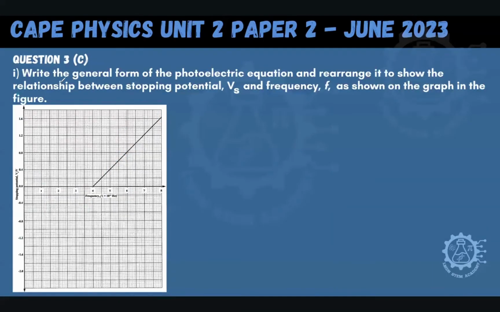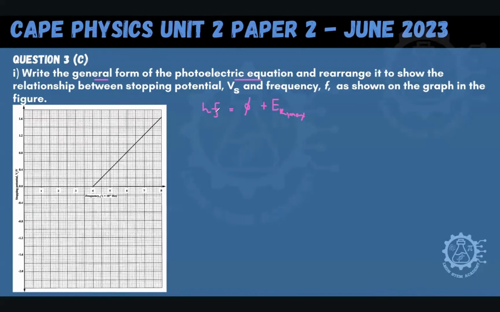Okay, so let's start by writing the general form of the photoelectric equation. The general form of that would be that hf is equal to phi, which is your work function, plus your EK max. That's your maximum kinetic energy.